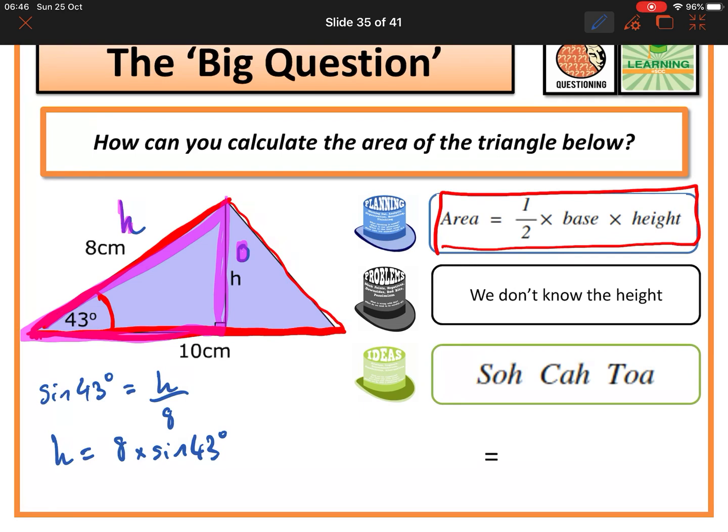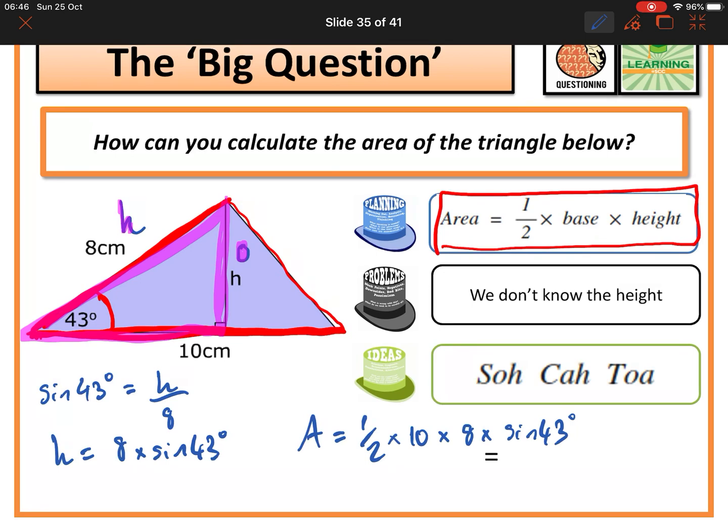So what's the area? The area is going to be a half times the base, which is 10, times the height, which is 8 times sine of 43 degrees.